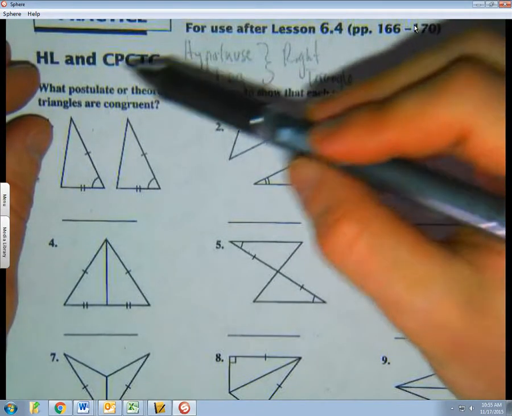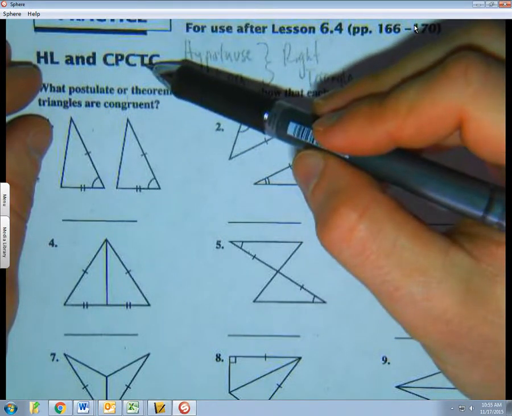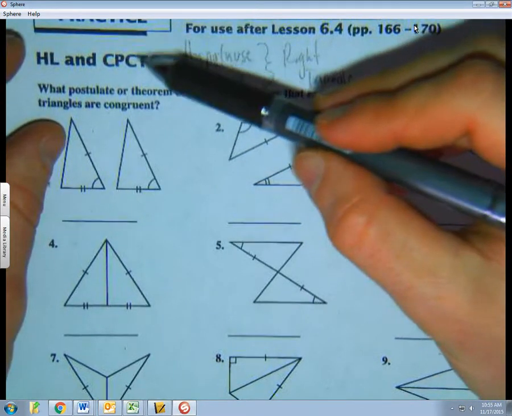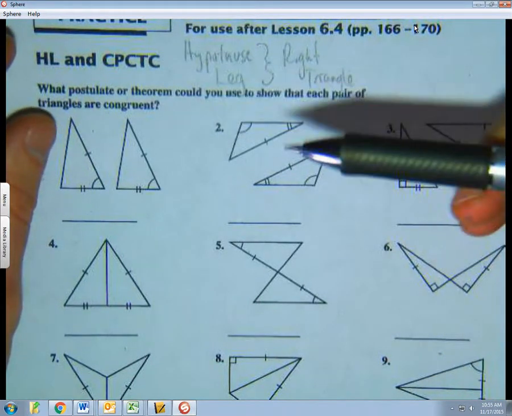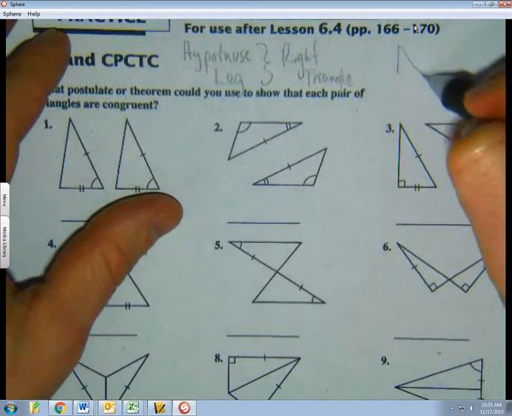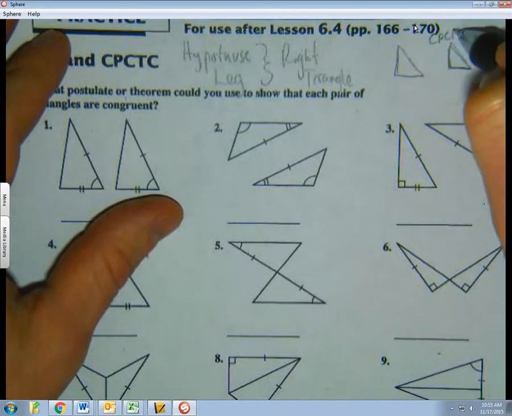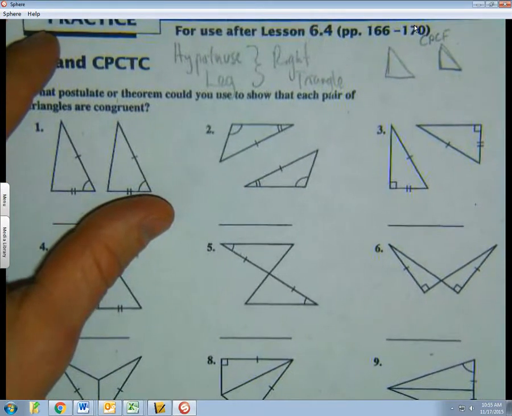CPCTC is corresponding parts of congruent triangles, basically. It's a little different verbiage, but we've already done that. And that just says if these two triangles are the same, so here's CPCTC, which is really the same kind of thing.